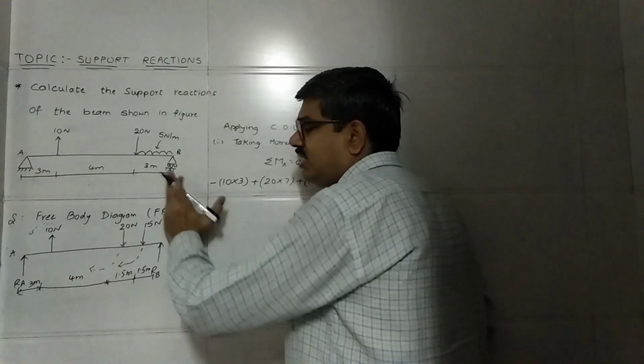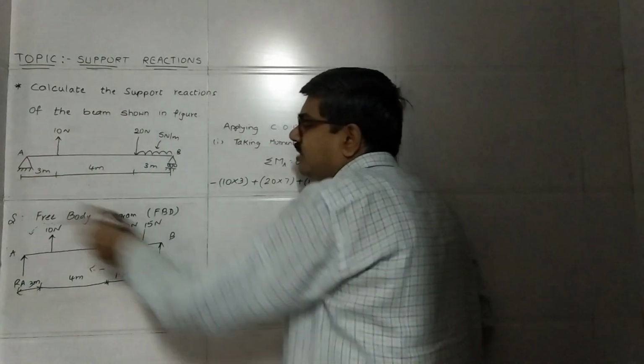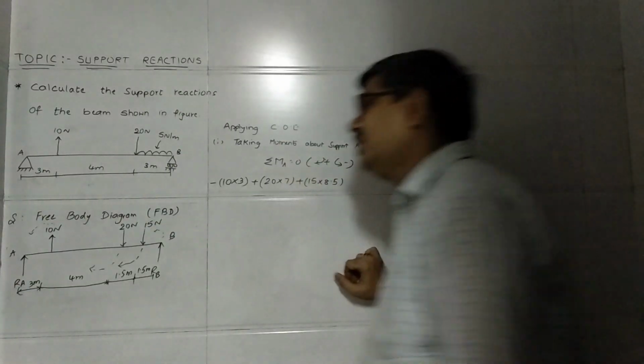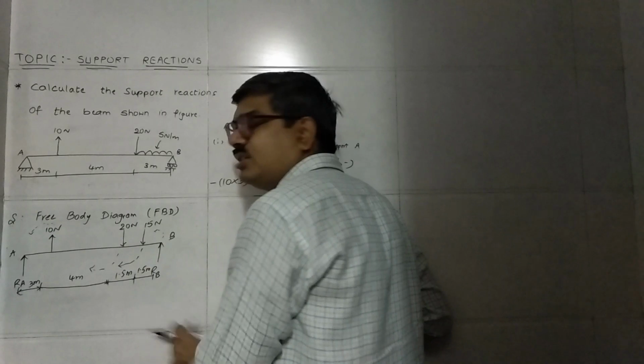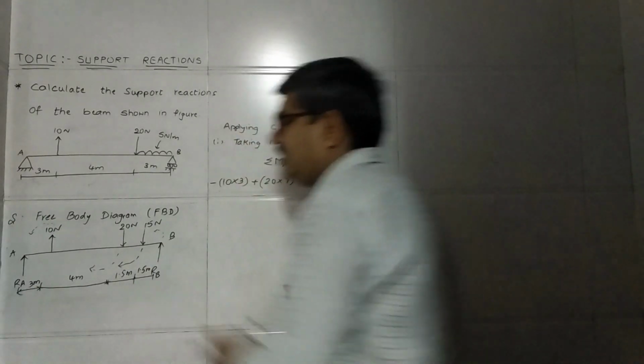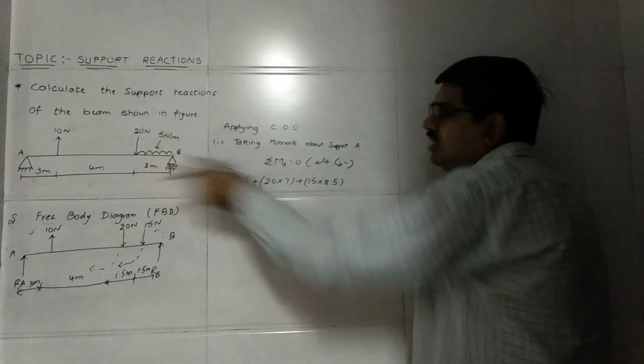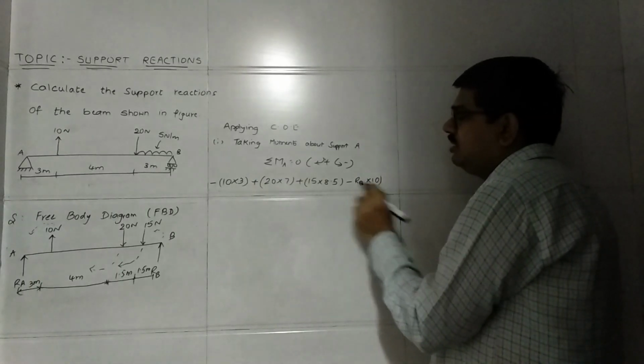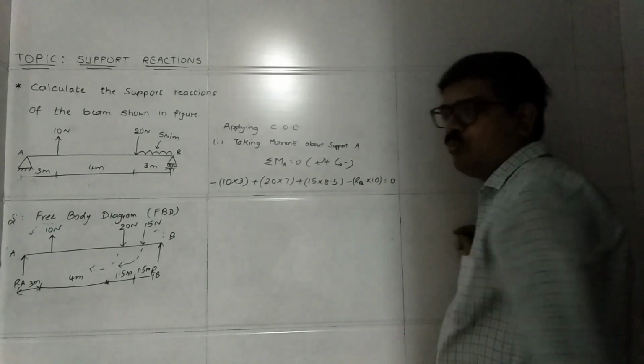And the last one is RB. Since RB is acting in upward direction, it will turn in anti-clockwise direction towards A, and the total distance of the reaction at B, RB, is 10. So since it is turning in anti-clockwise direction, minus RB into 10 is equal to 0.